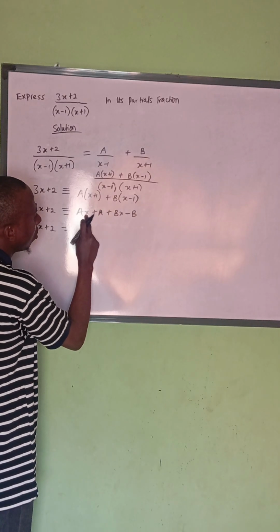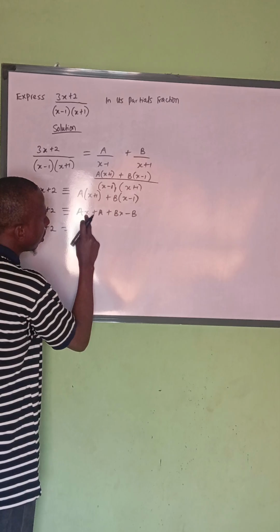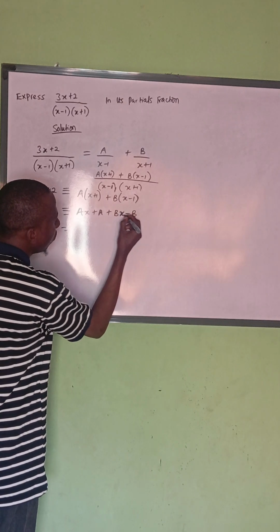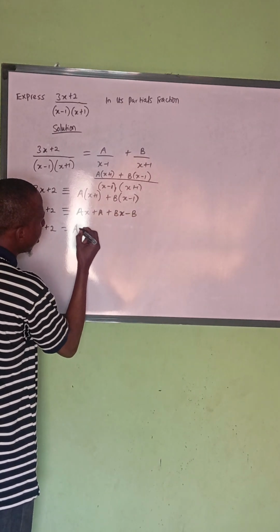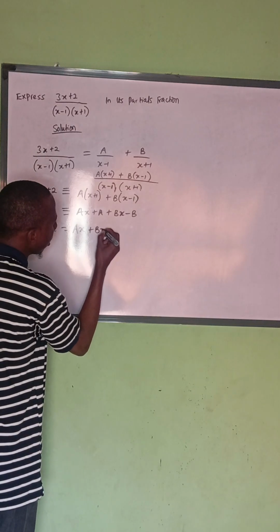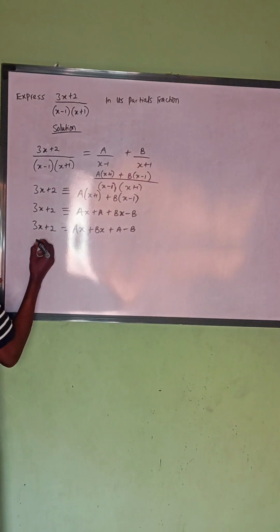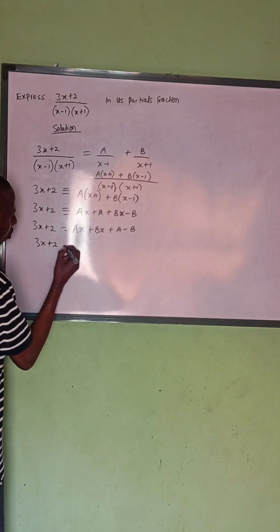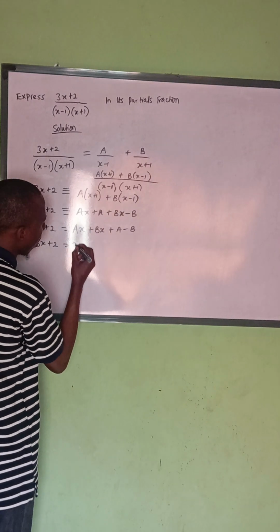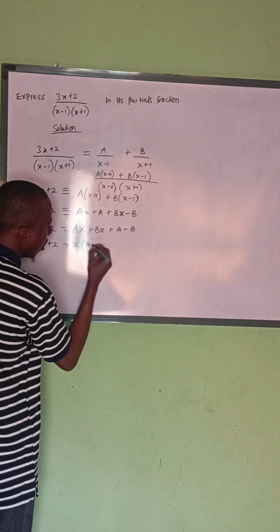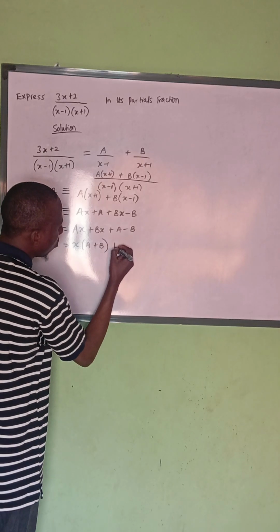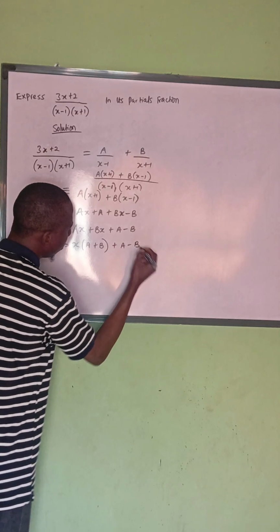So let's collect the like terms. We have Ax plus Bx plus A minus B. Now x is common, we factor out x: x into A plus B, plus A minus B.